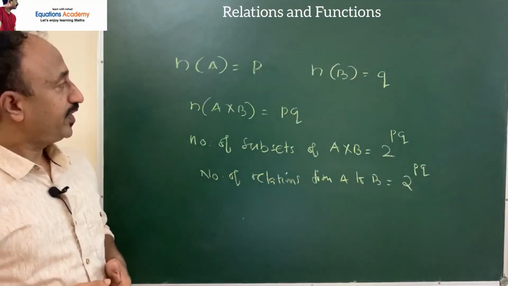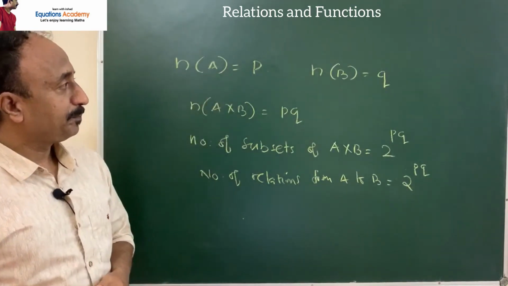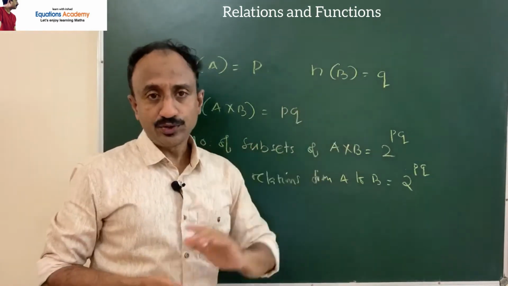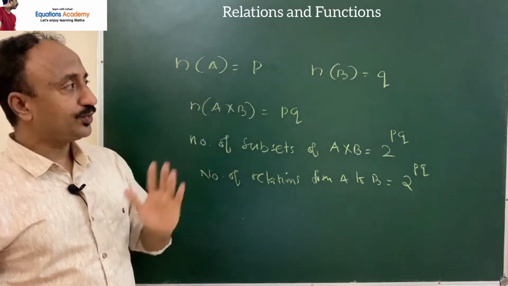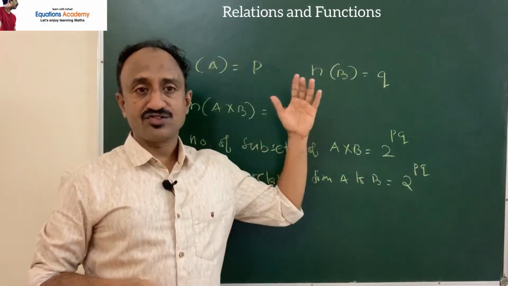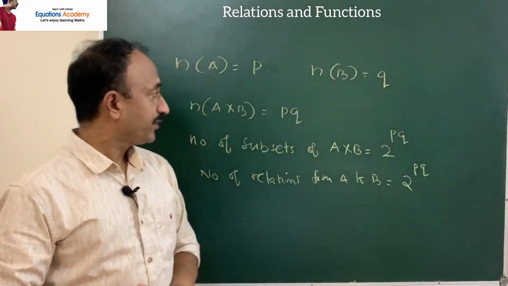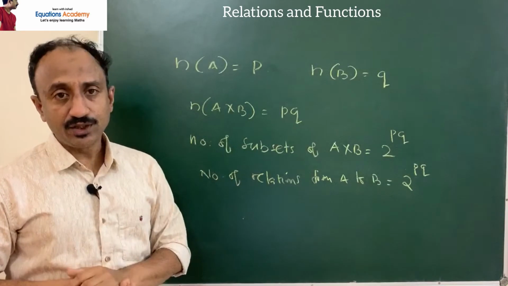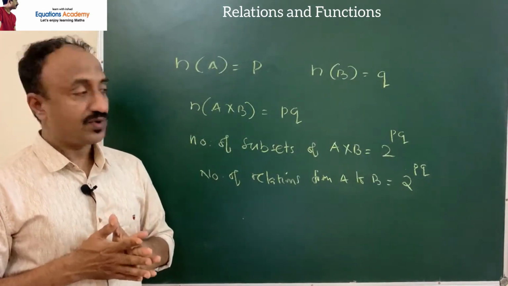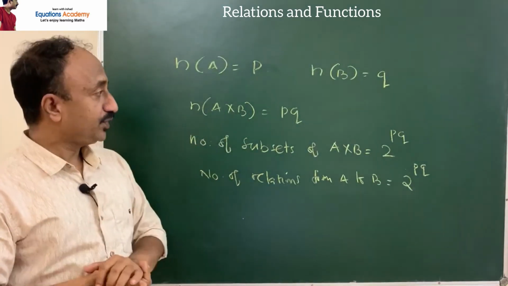If n(A) equal to p, n(B) equal to q, that is, number of elements of set A equal to p and number of elements of set B equal to q, then we know that n(A cross B) will be pq.